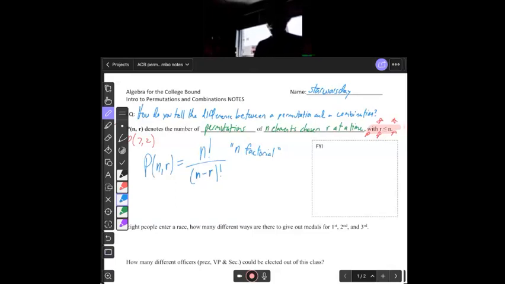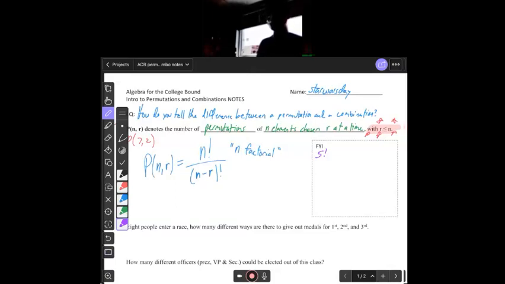So a factorial is, if I say 5 factorial, factorials are only used on whole numbers. 5.2 factorial is not a thing. The square root of 5 factorial is not a thing. Negative 5 factorial is not a thing.